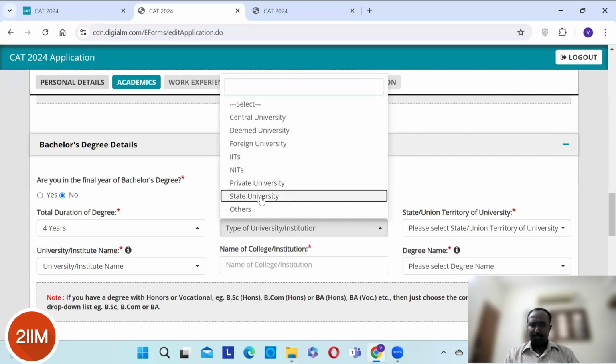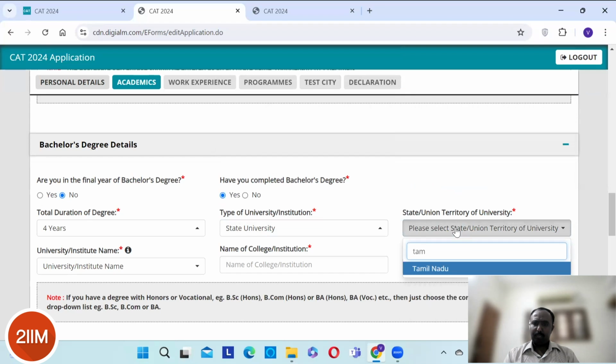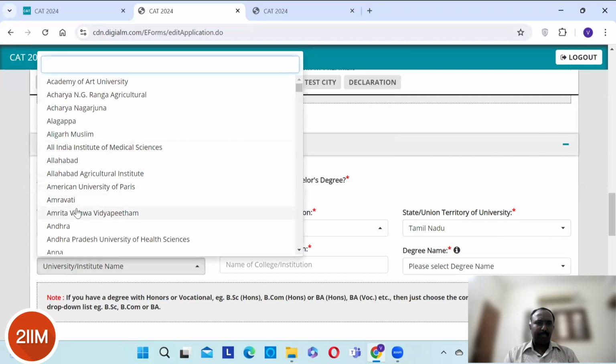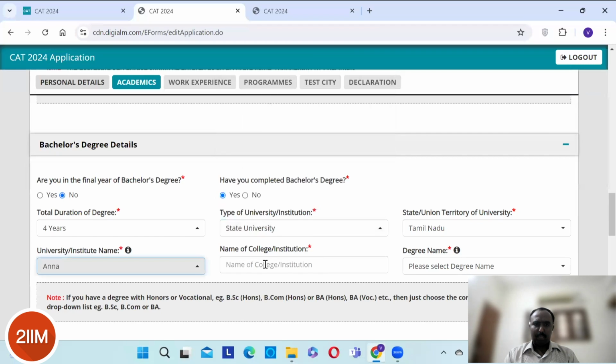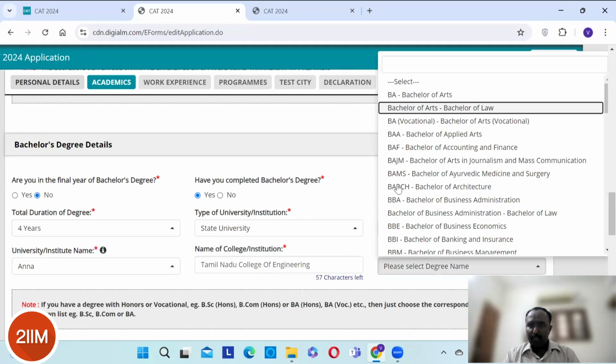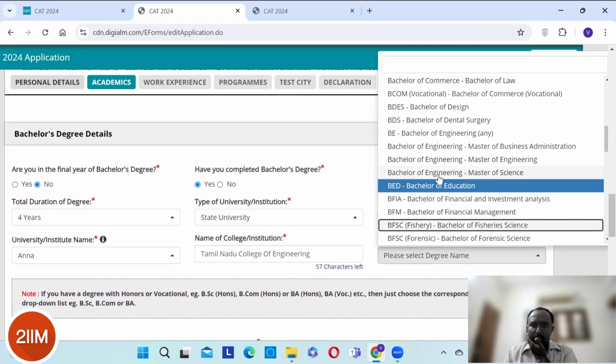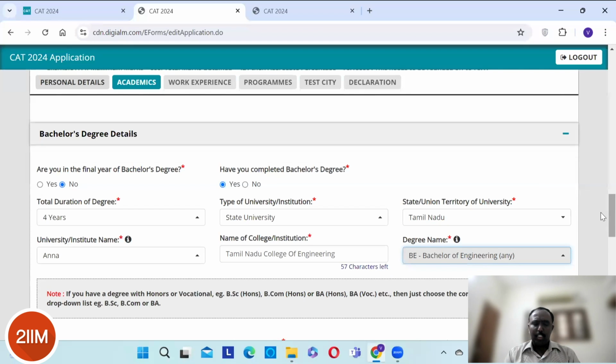Mine was a state university, Tamil Nadu, Anna University. Bachelor of Engineering.